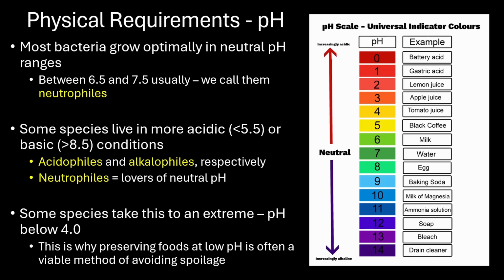So this is a species that is an acidophile. It loves high acid conditions. Our stomach sits at like a 1.5 to 3.5 on the pH scale. It's very acidic, and so this is an environment that this bacterium actually prefers.